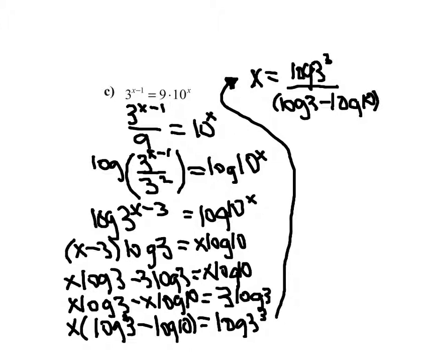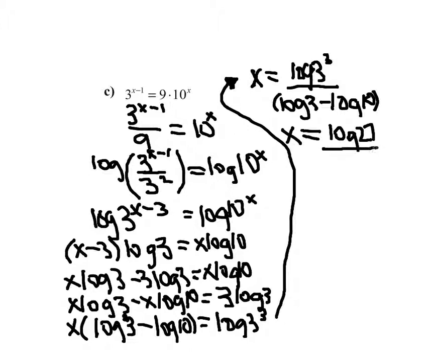So log 3 cubed is the same as, oh sorry, 3 cubed is 27, so log 27.